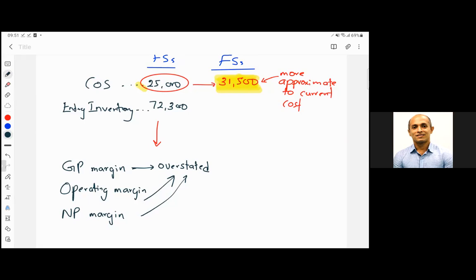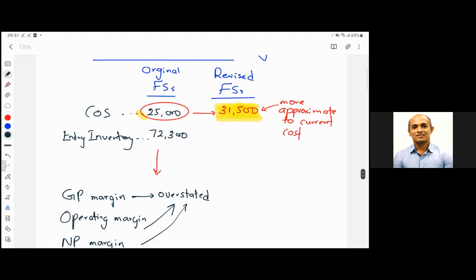Now you see, if you do not adjust, your cost of sales has been understated, then profit margins will be overstated. These profit margin figures are not suitable for the analysis.